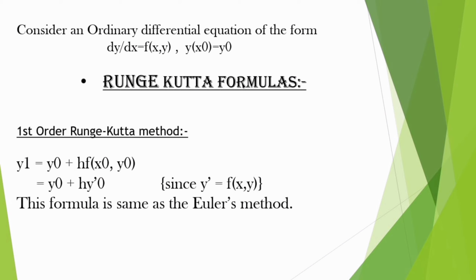The formula for the first order RK method is y1 is equal to y0 plus h into f of x0 comma y0, which is equal to y0 plus h y0 dash, where y dash is equal to f of x comma y. This formula is the same as Euler's method.